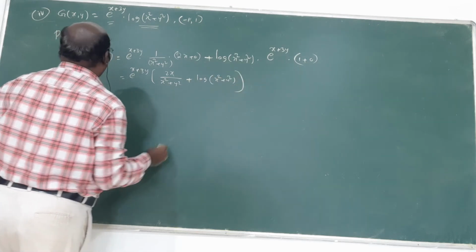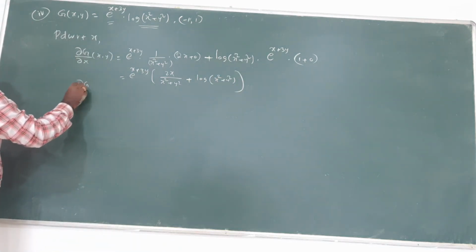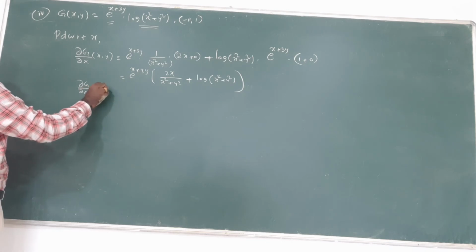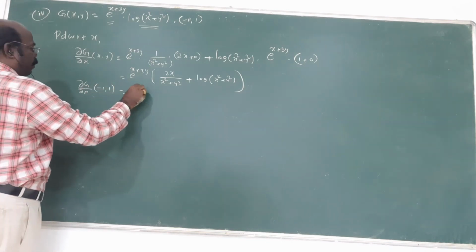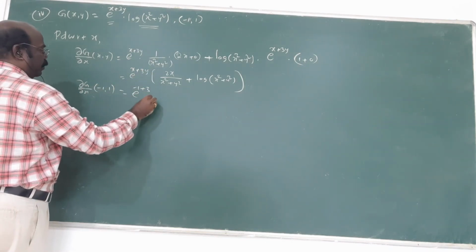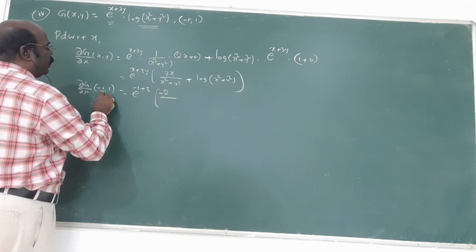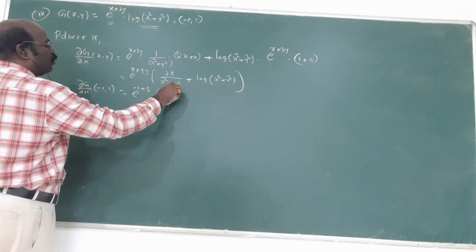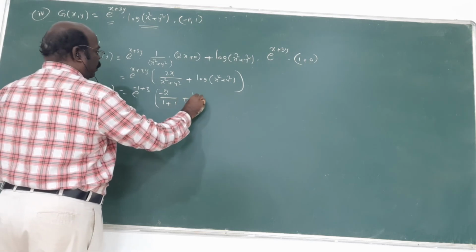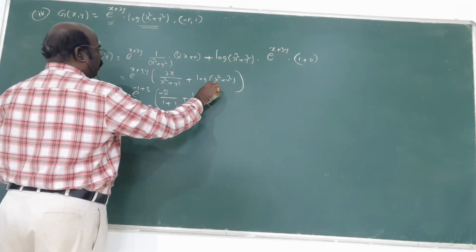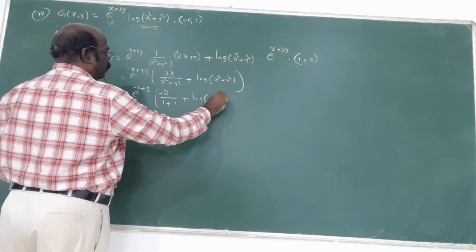Okay? Now substitute the point. Dou g by dou x at minus 1 comma 1: e power minus 1 plus 3, into 2 into minus 1, minus 2, over minus 1 whole square, 1, plus 1 whole square, 1, plus log of, again, minus 1 whole square, 1 plus 1.